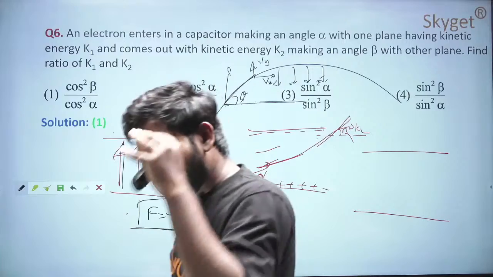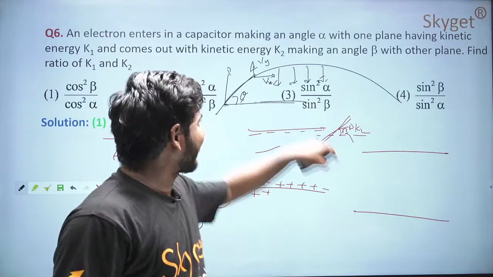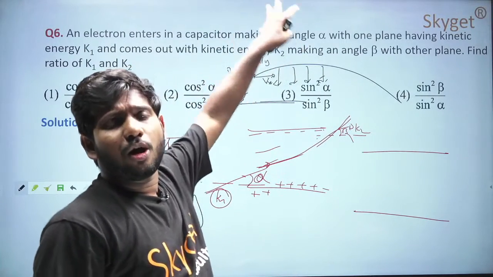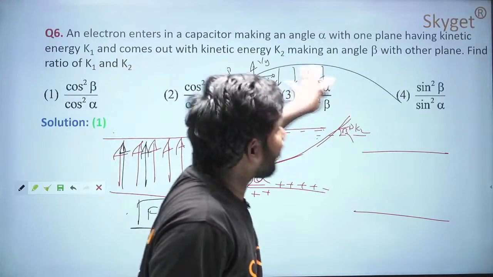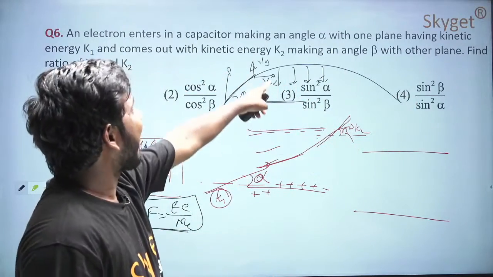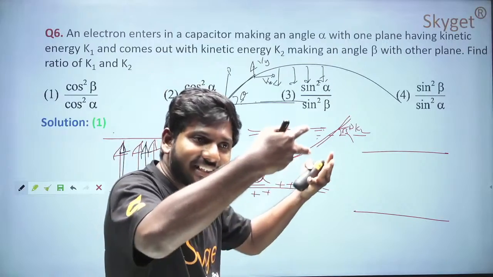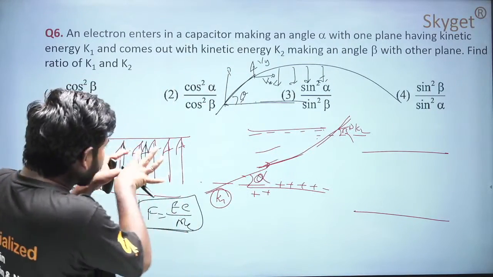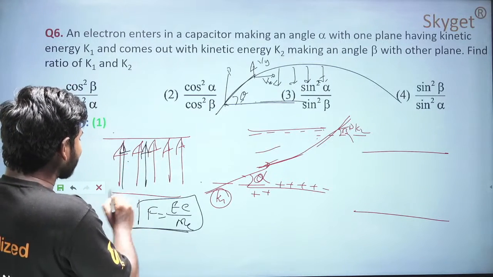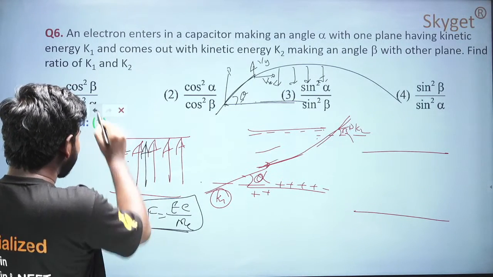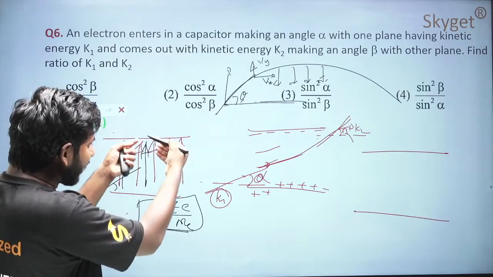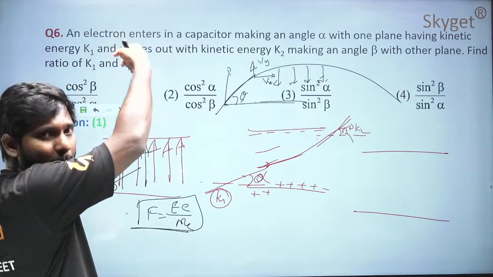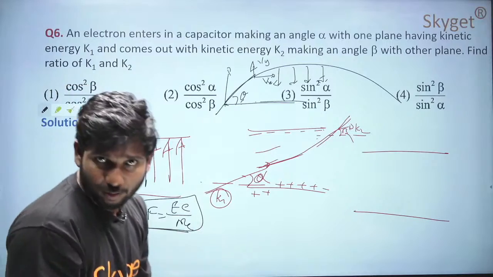Here is a very high quality point, students: there will be a change in the vertical component of velocity throughout the motion because a constant acceleration acts in the vertically downward direction. Similarly here, due to the electric field, there is an acceleration of the electron in the downward direction, if the electric field is upwards, or vice versa.